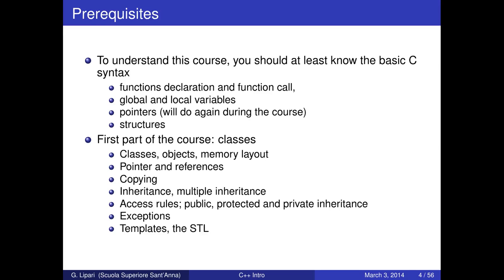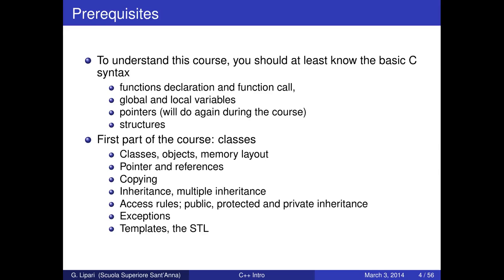I'm going to be pretty precise because I want you to be more confident with programming in C++, because C++ is a complex programming language. So you must be very careful when you program in C++ about all the different aspects of the language.